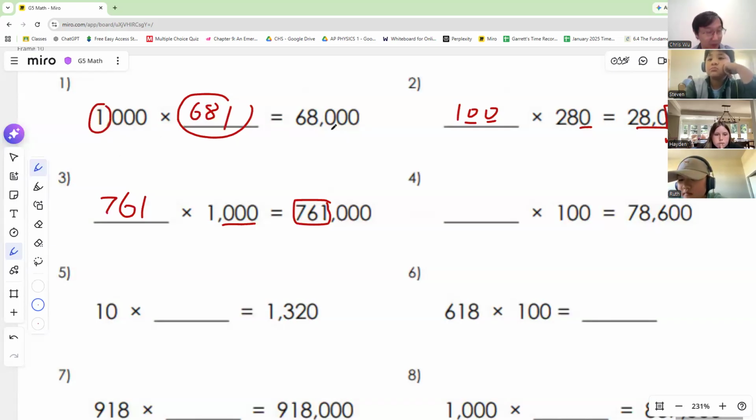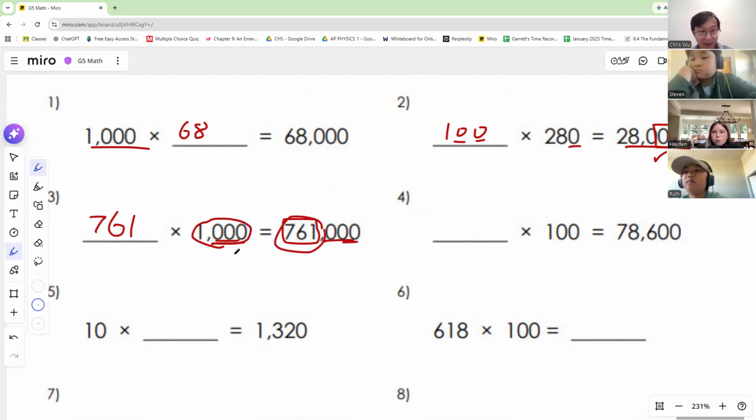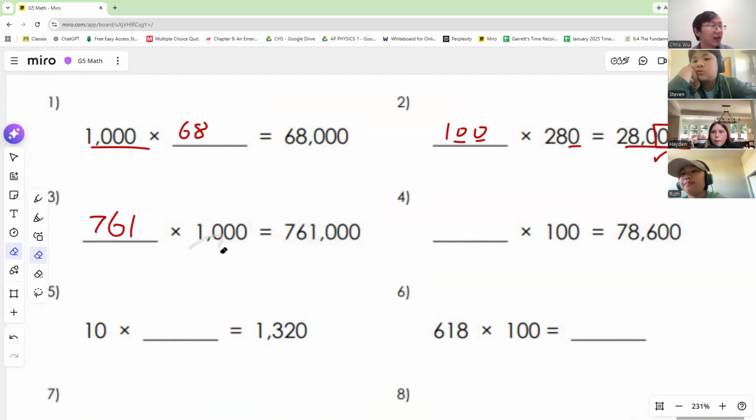We don't add the 1 here. Basically this is 10 times 10 times 10, right? So each time I multiply by 10, I don't need to add the 1, I just add a 0. Same idea here. If I'm multiplying by these numbers, I'm adding 3 zeros at the end, so I need a number that's before that, so 761. Okay, all right.